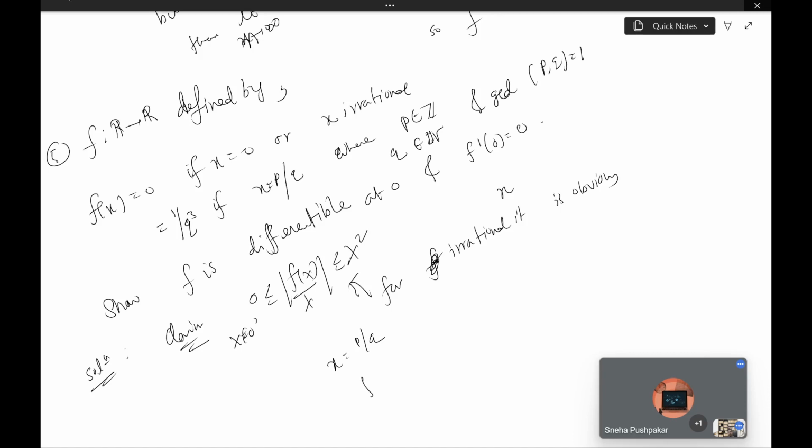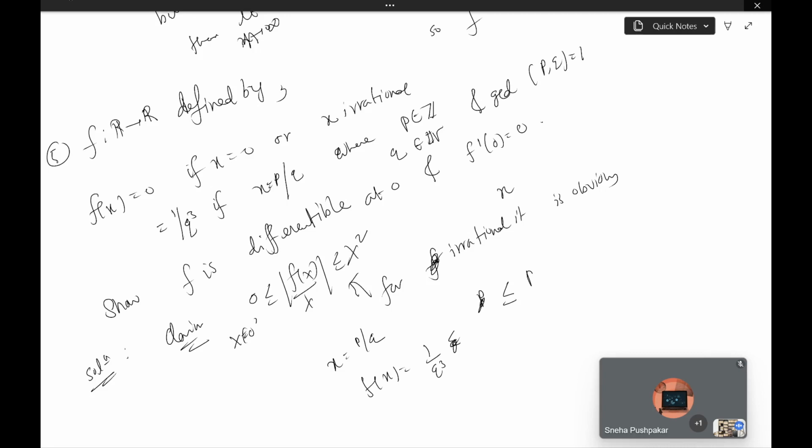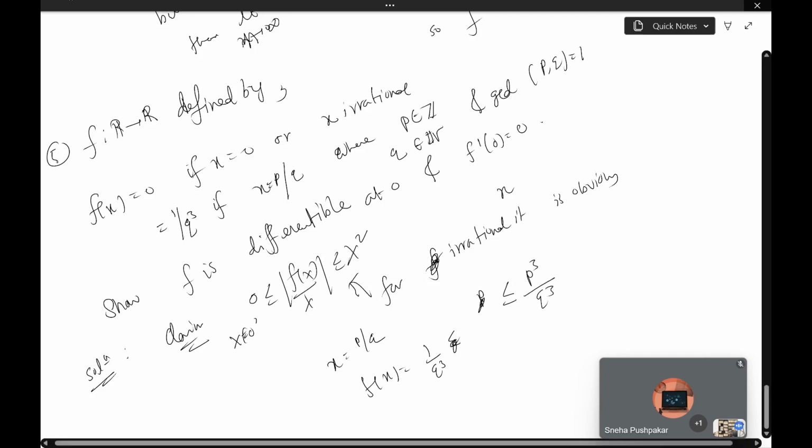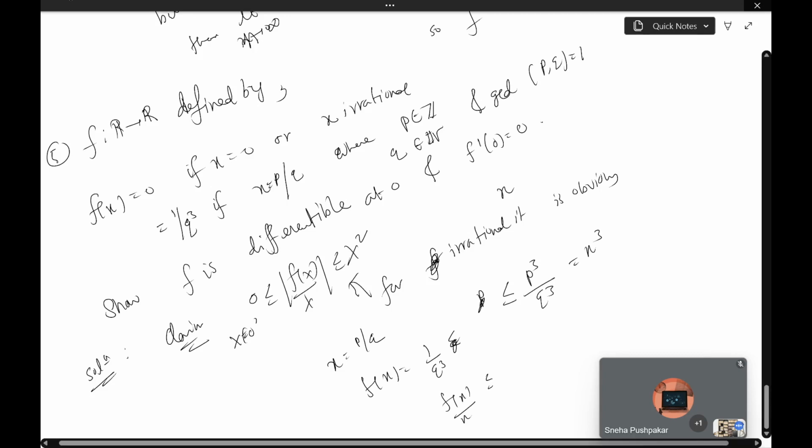So what is f(x)? f(x) is equal to 1 by n cube. So this is anyway less than or equal to p cube by n cube, which is nothing but x cube. So you get f(x) by x, this is less than or equal to mod x, which is less than or equal to x square.